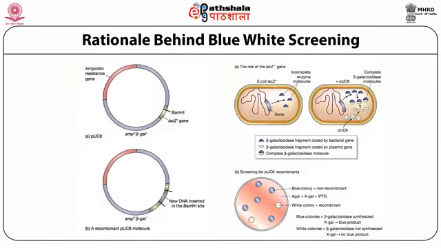What is the rationale behind using blue-white screening? It is very clearly demonstrated here. Beta-galactosidase is produced by a particular gene called lacZ. Part of this gene is artificially cloned into a plasmid, and part of it is left in the bacterial genome.